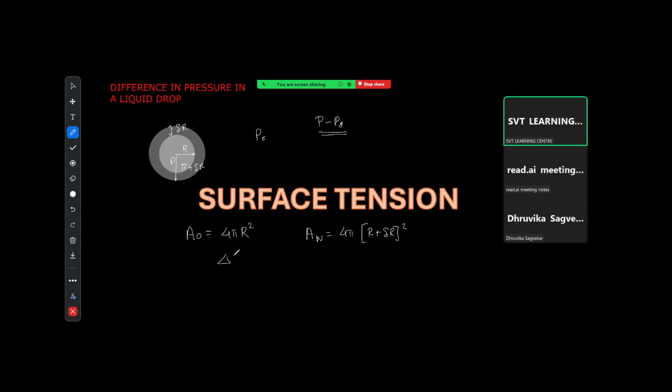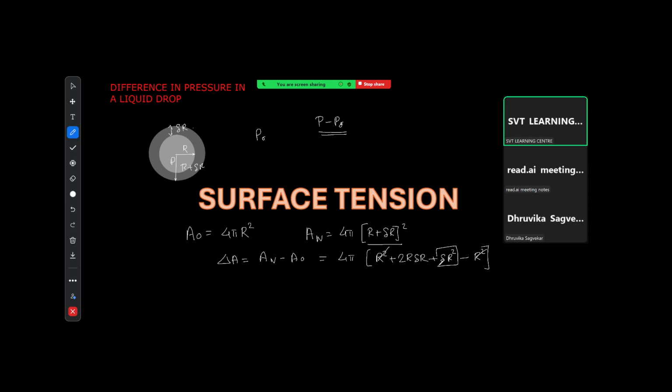So the change in area, which is important for finding out the change in surface energy, will be equal to new area minus old area, to which our 4 pi is common, and inside you will get R square plus 2R delta R plus delta R the whole square, minus R square.